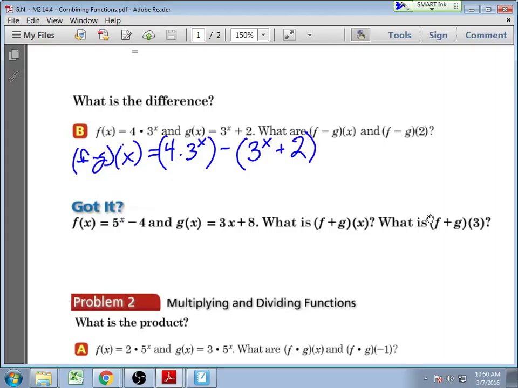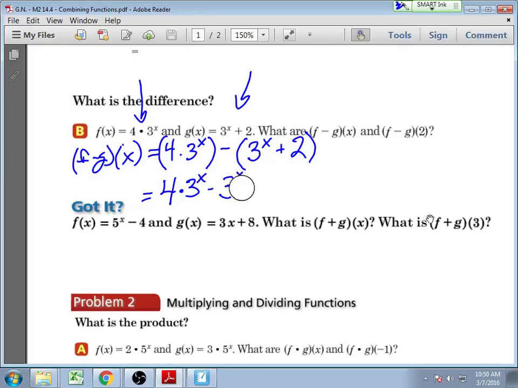Right here, in my g of x. How many 3 to the x's do I have? 1. In my f of x, how many 3 to the x's do I have? So if I start with 4 3 to the x's and take away 1 3 to the x, I can really rearrange this and say 4 times 3 to the x minus 3 to the x.